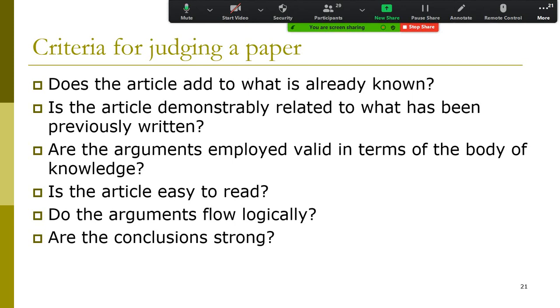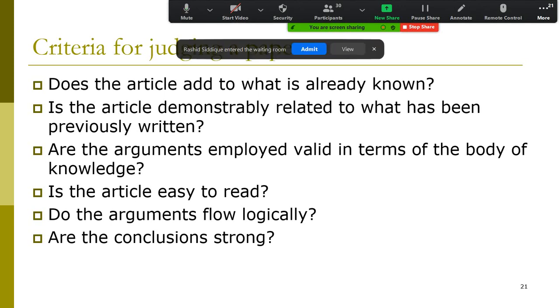Does the article add to what is already known? Is there any innovation in the article? Is the article demonstrably related to what has been previously written? Every author, every article has to be grounded in the available literature. Are the arguments employed valid in terms of the body of knowledge?